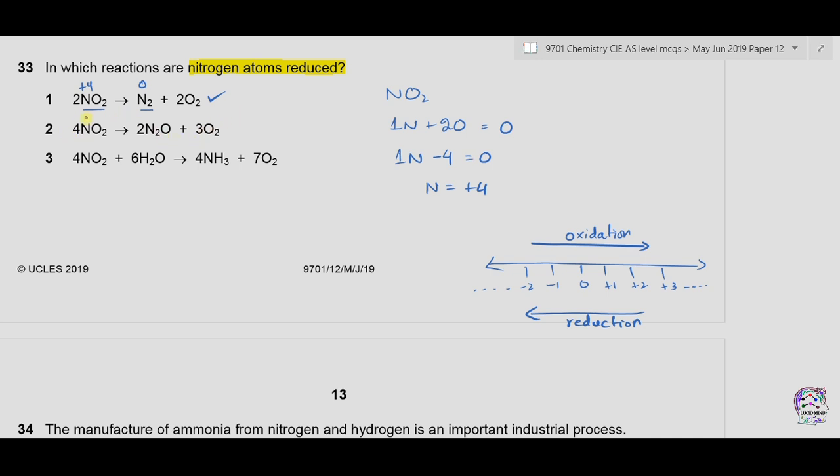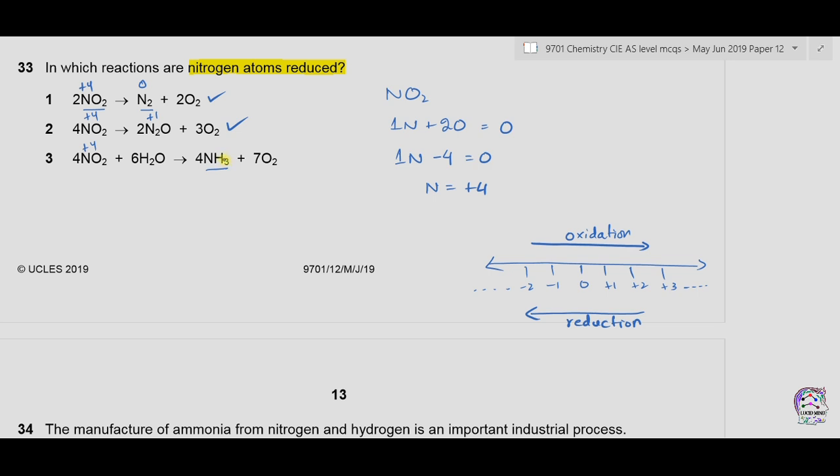In option 2, we have +4 oxidation state of nitrogen on the reactant side, and on the product side we have +1 oxidation state. So +4 to +1, again this is reduction, so it is correct. In part 3 we have +4 oxidation state, and in ammonia, as hydrogen is less electronegative, the oxidation state of one hydrogen atom will be +1.